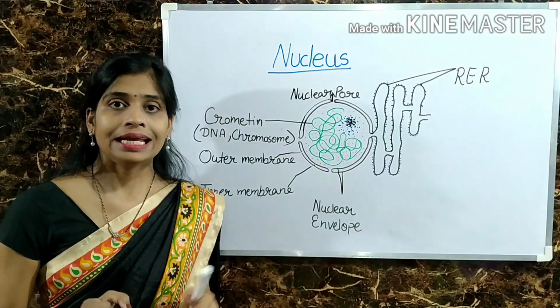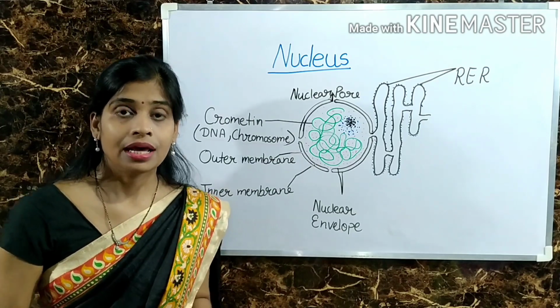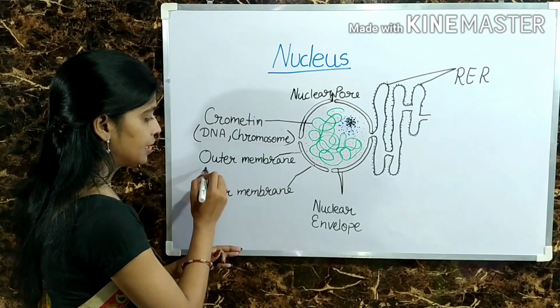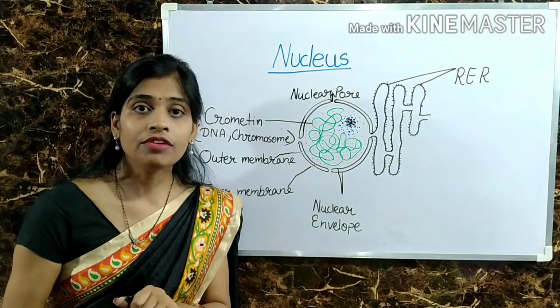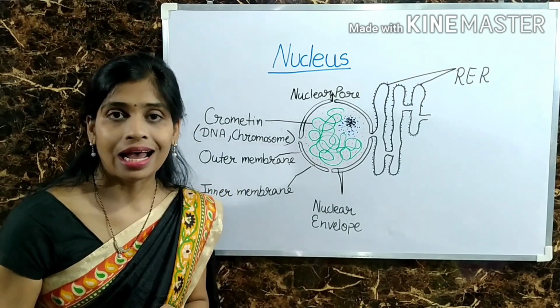The nucleus is made up of a bilayer of membrane, and these membranes are called the inner membrane and outer membrane. Together they form the nuclear envelope.